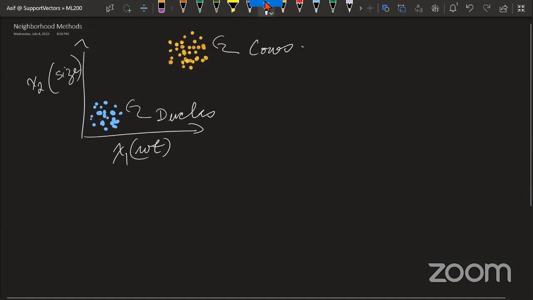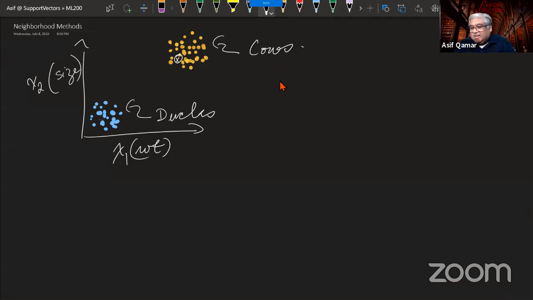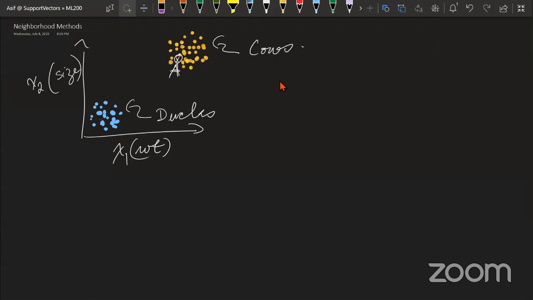Now, this algorithm gives you a hint. Suppose I give you a point, X. Without knowing any machine learning, what would you say about that point X? You get an animal whose weight and size are given by the point A. What animal is it?